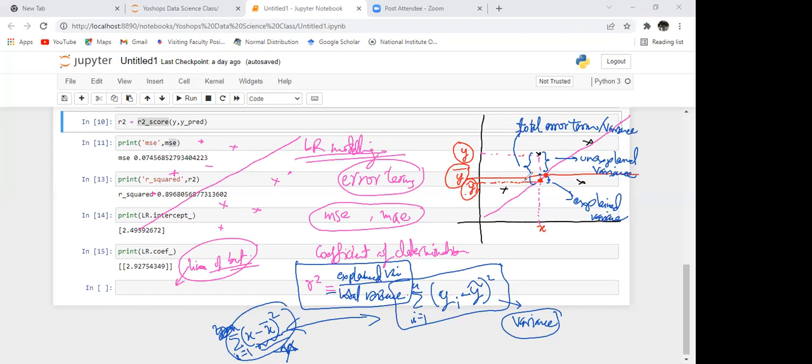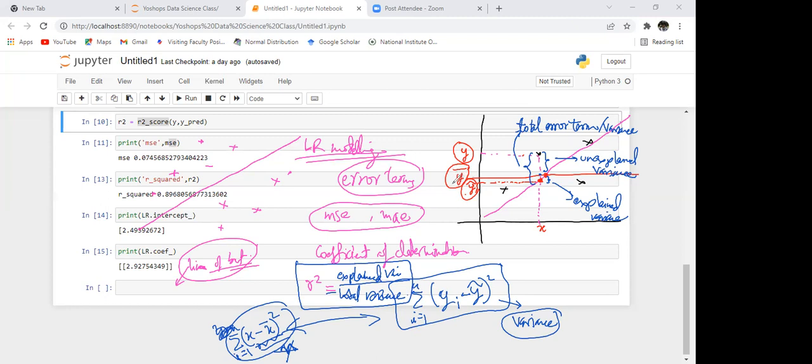I'm just trying to make it a little simpler for you. This is total error, okay? Total error in the sense, this is the actual and this is the predicted one, right? Hence it is called the total, okay?